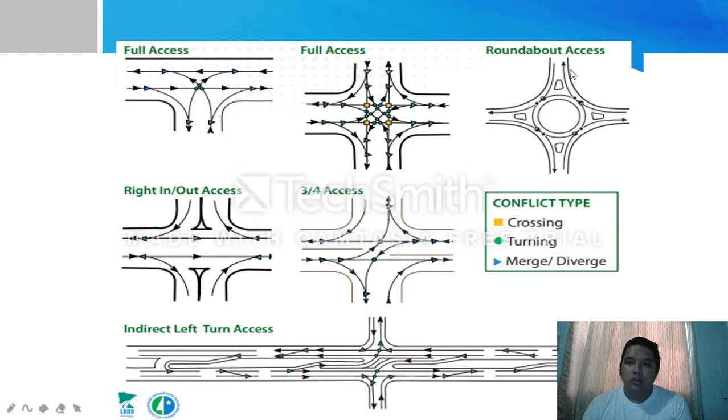There's also the roundabout access, right-in right-out access, the 3/4 access, and the indirect left turn access. As you can observe, cross-type full access has more conflicts than the other accesses. You can compare them to each other.